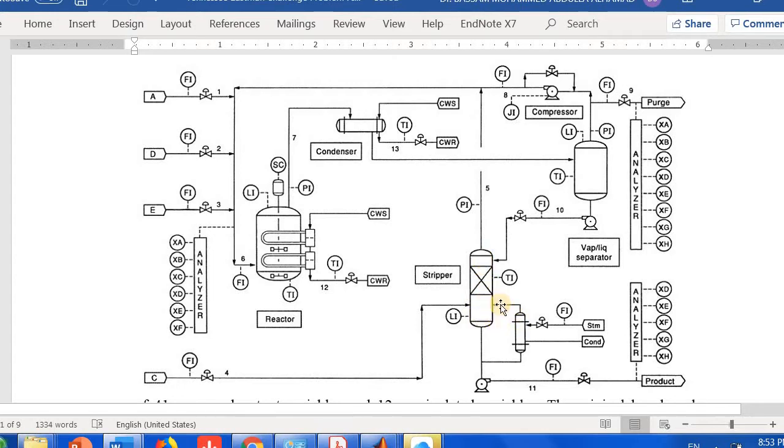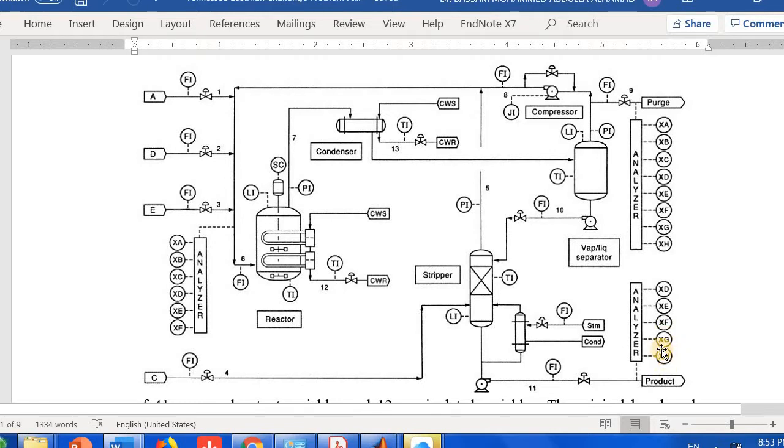Or is there a recycle ratio that I want to have between what I'm getting out and what is reboiling, or is there no recycle ratio that I want to use here? And then you have the product. Is there a certain percentage of a product, and the product is G and H here? So is there a certain percentage that I want to sell, having a certain percentage of G and H?